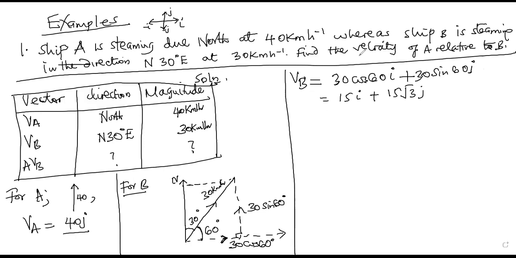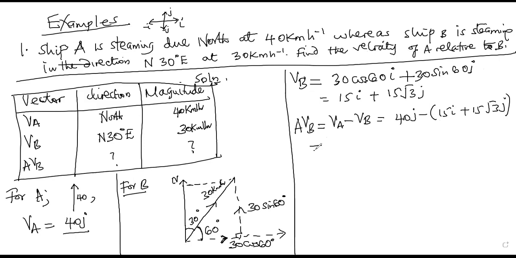Now, they need velocity of A relative to B. So AVB is the same as velocity of A minus velocity of B, which is equal to velocity of A, 40J, minus velocity of B, which is 15I plus 15√3J.